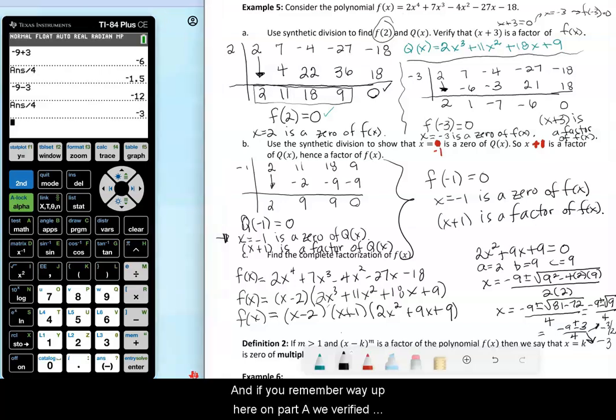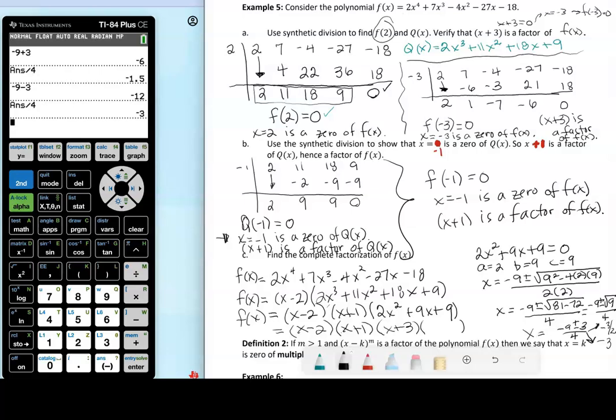And if you remember, way up here on part A, we verified that negative 3 is a 0 of f of x. So now what I have to do is put this back into the factorization, where I have this quadratic. I now have two factors, and I need to change the signs of these x's, because this is x equals, and when it goes back into the factorization, it changes signs. So we have x plus 3 for that one, and x plus 3/2 for the other.